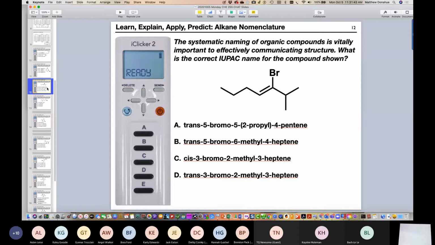So let's look at the screen now. We see another difunctional compound.